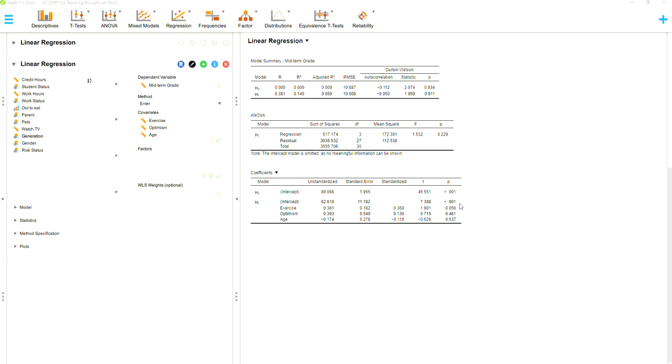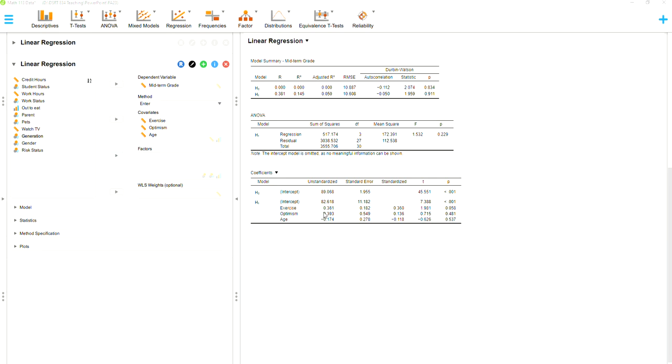Even though it wasn't significant, I find it very interesting that exercise was the best predictor for midterm grade, whereas optimism and age have p-values that show nothing going on there. Heck, if we had maybe a few more participants, exercise might have been significant. So that's kind of cool.